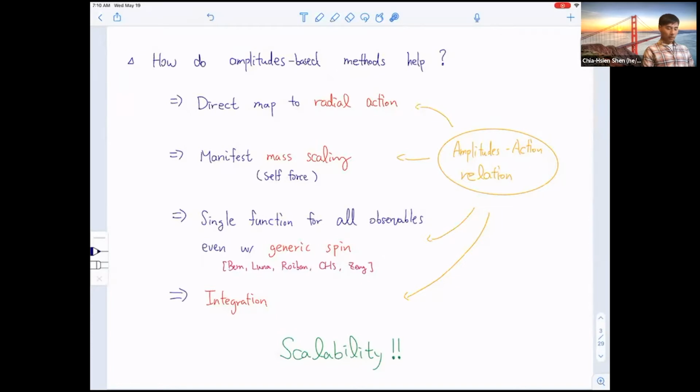At least that's what we found at order G squared. And also this organization helps us in practice when we do integration, which you will see later. So overall, I would say that at least in the potential region, our methods are scalable. So the next order also seems within reach.